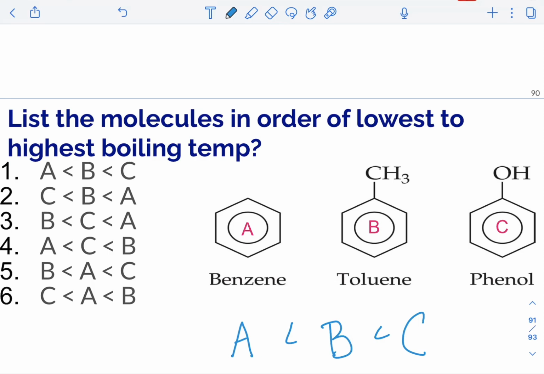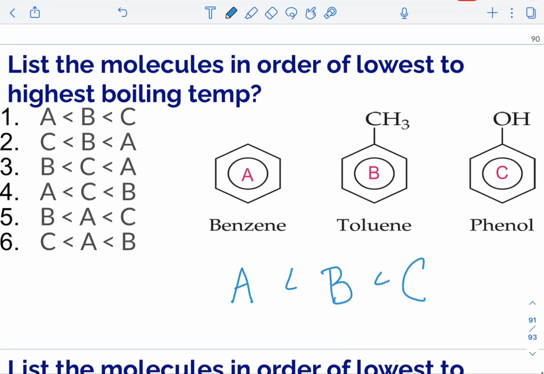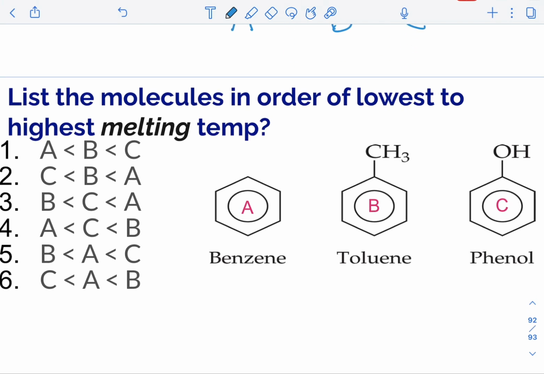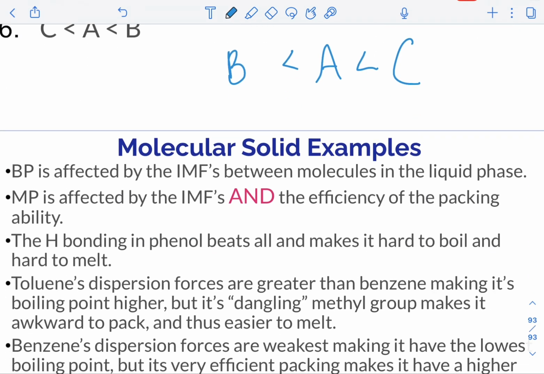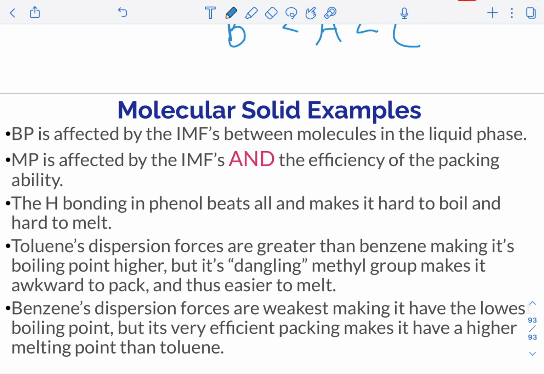Toluene would have, hopefully you remember this benzene ring from a prior video. That's what this is. And then toluene would have dipole-dipole, and then phenol would also have hydrogen bonding. But for melting point, we would have this. And here is why. So you can read through that and it will tell you why the melting point is slightly different.